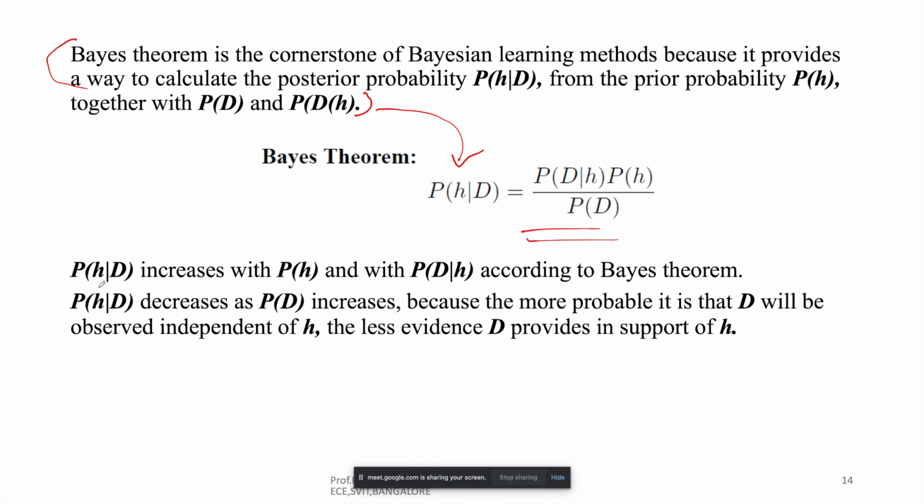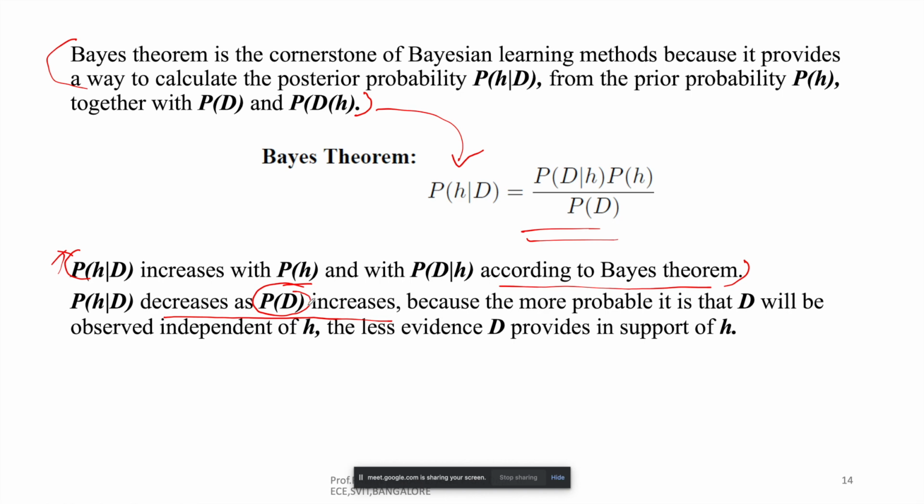Then P of H given D increases with P of H and with P of D given H, according to the Bayes theorem. Increasing, okay, this part is considered. When it comes to decreasing, P of H given D decreases as P of D increases. What does P of D represent?